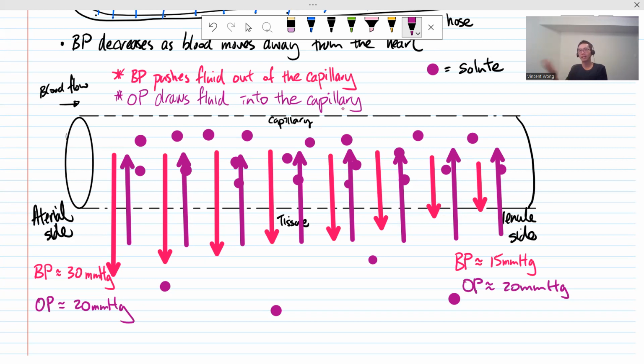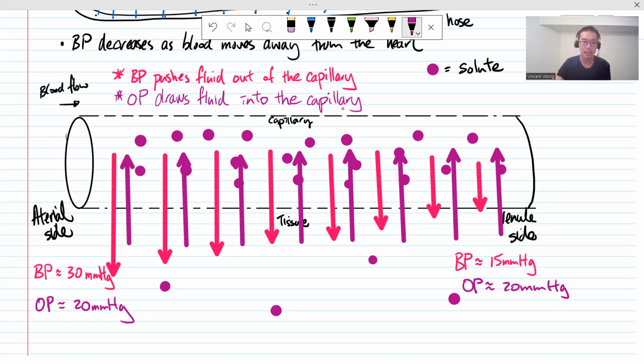I wouldn't say they're random fluid, but they would be the fluid portion of the blood, which is mostly water with some dissolved stuff in it. And why is it coming out? Well, think of the water hose. When you have pressure, it pushes things out. And to counteract that force, we have the osmotic pressure. The osmotic pressure is like sucking things back into the blood vessels. So we are not losing fluid all the time.